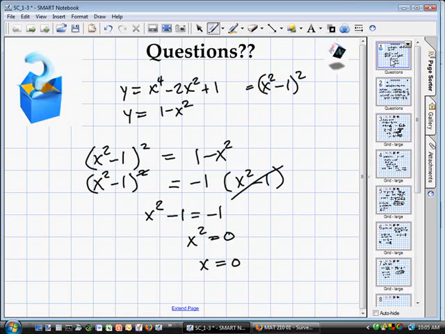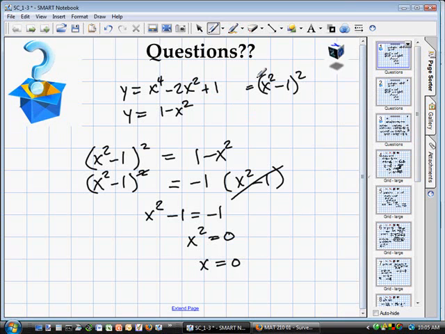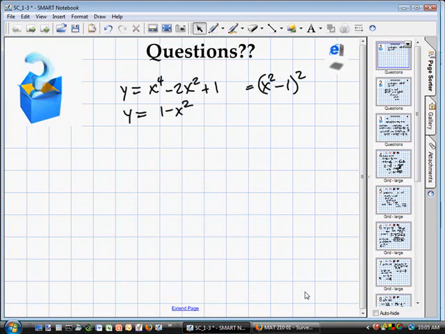Right here. Let's do control clone. Okay, I'm just going to look at it another way now. Just one thing about factoring, sometimes you hide some things. Okay, let's just set them equal and see what happens.